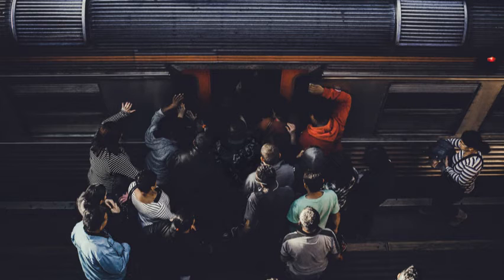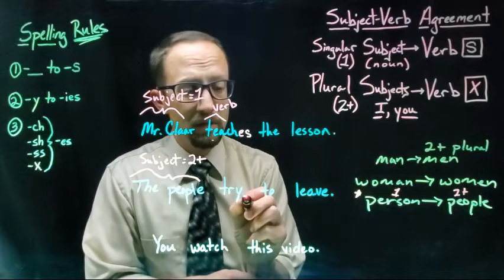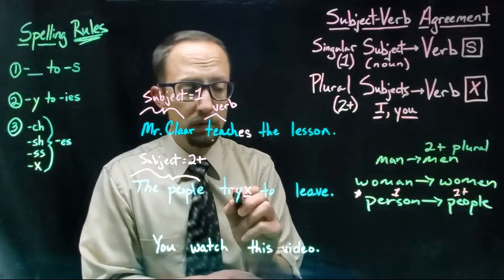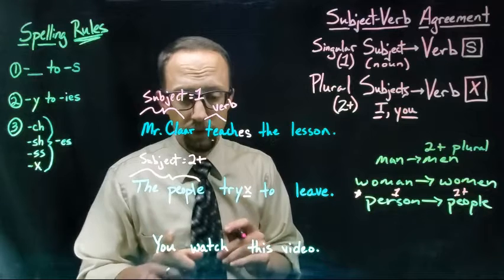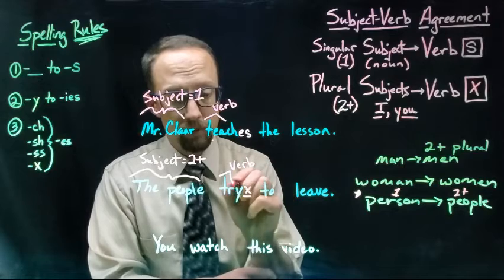So the subject is two or more, so there is no S. So I just say, the people try to leave. Oh, I'm sorry. This is our verb. Try.